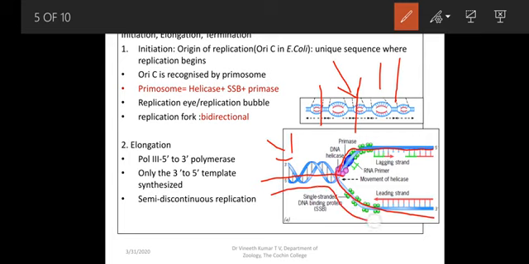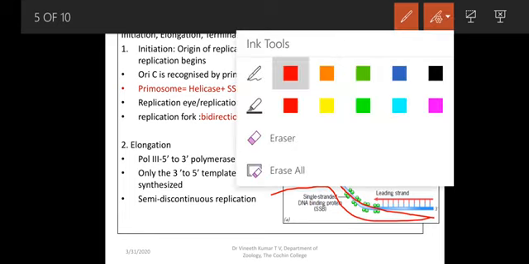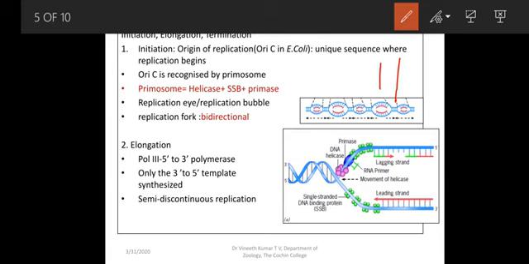This resembles a fork that we have seen in the physics labs, and hence this structure is referred to as a replication fork. So in every bubble you will have two such forks.